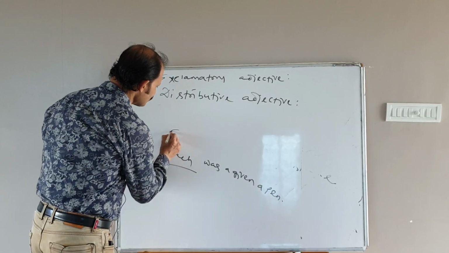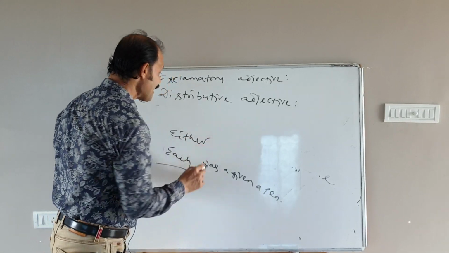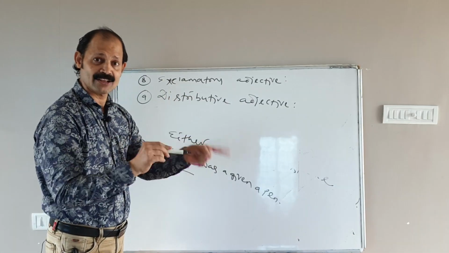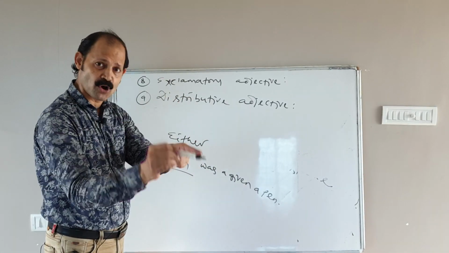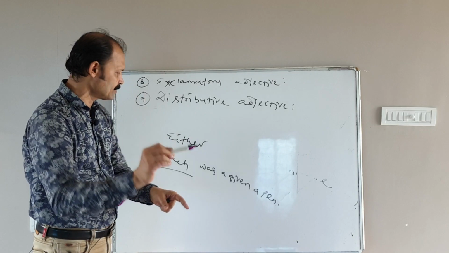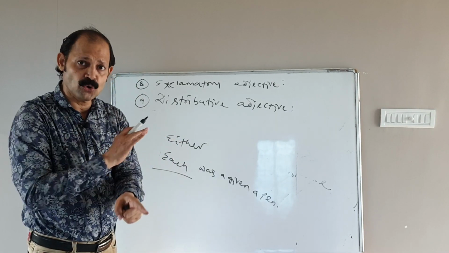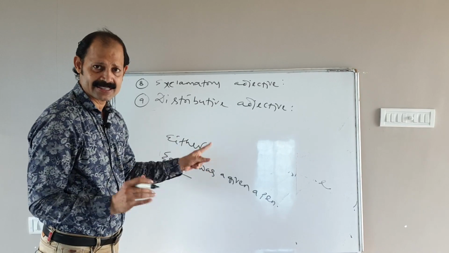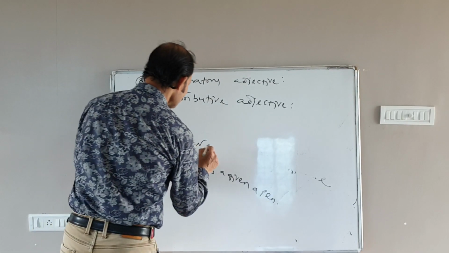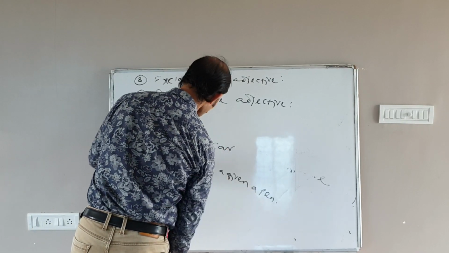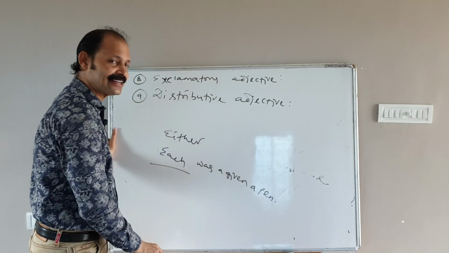Similarly, suppose either can do. There I was using either car can do, neither car can do, each boy, each girl, in that case it is an adjective. If I use each, either or neither singly, lonely, without a noun with it, then it is a pronoun. If I say either car, then it is an adjective.